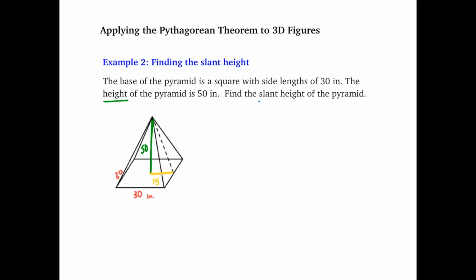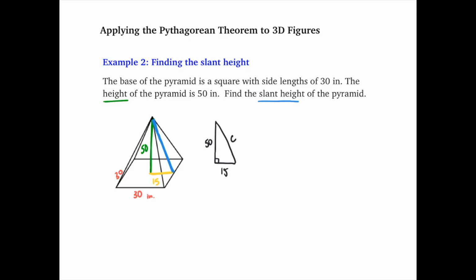This time it wants to know the slant height. There's a lot going on in this picture, so I might redraw it off to the side. I have 50 here, 15 here, and I want to know the hypotenuse, or the slant height.